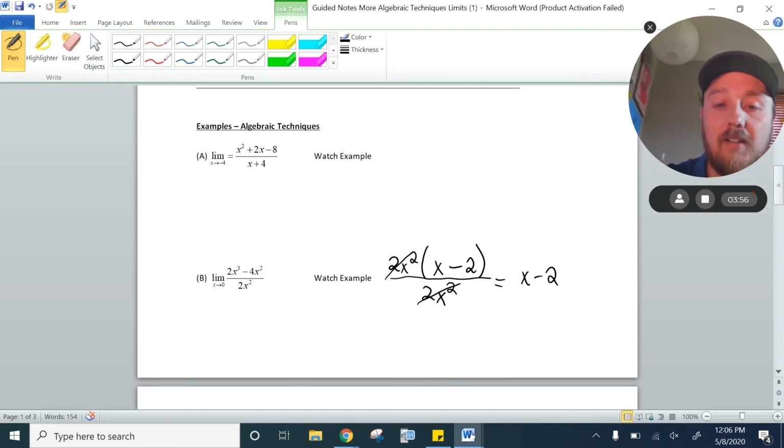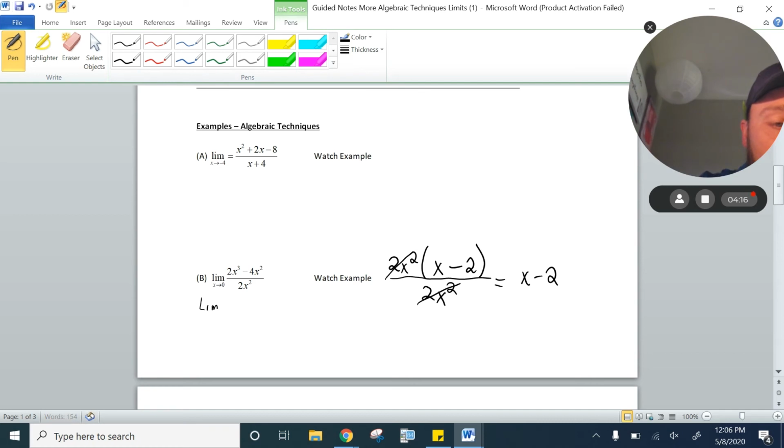And if I turn purple off or on, you can see that that's exactly the same thing. Graphically, this is the same thing, but what's nice is if I reduce that and just say x minus 2, I no longer have a hole because I'm never going to be dividing by 0. So let's find the limit as x approaches 0 of x minus 2.